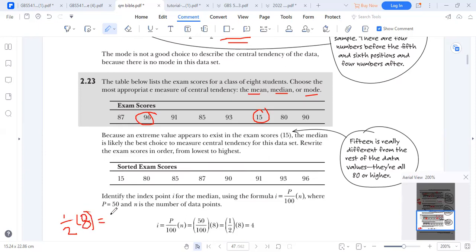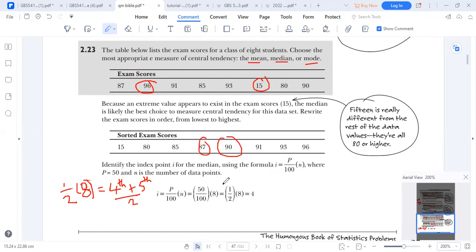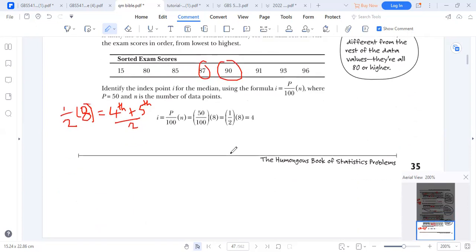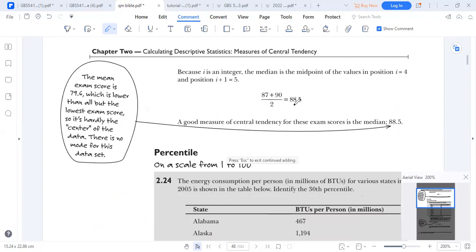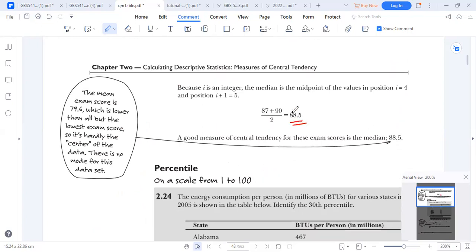For the 4th position and the 5th position, if you find a whole number, you use that. If it was 4.5, you round up, or 4.25, you also round up. 1, 2, 3, 4, and the 5th position, we add them up and divide by 2. So 87 plus 90 divided by 2, we get 88.5.